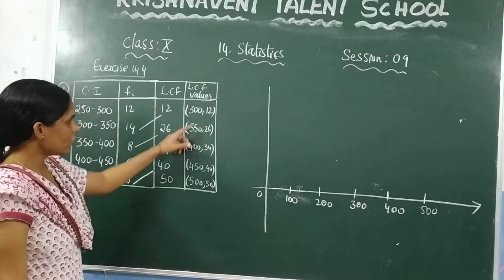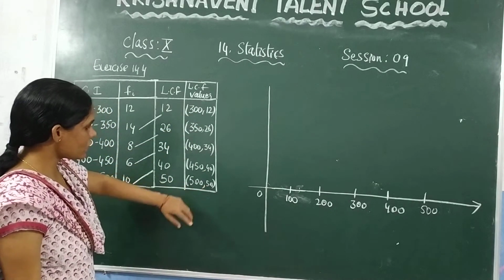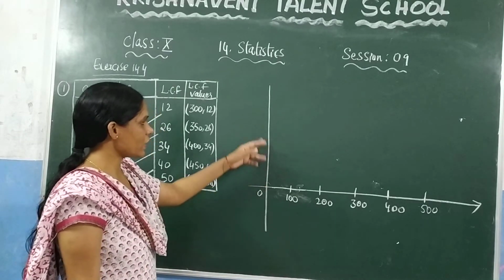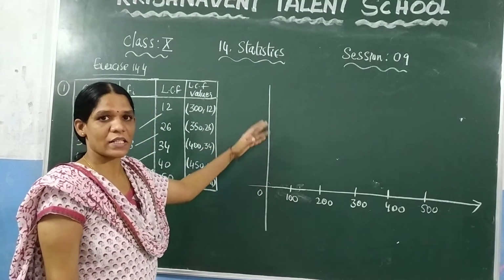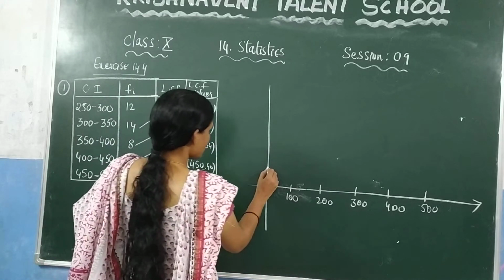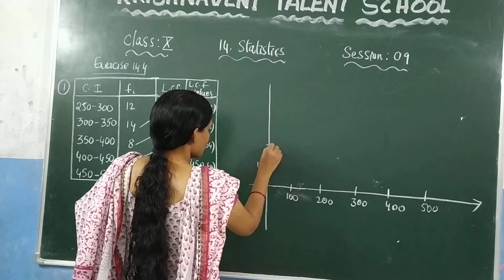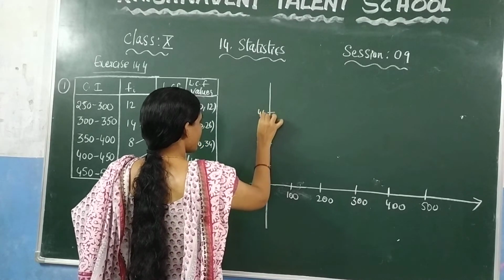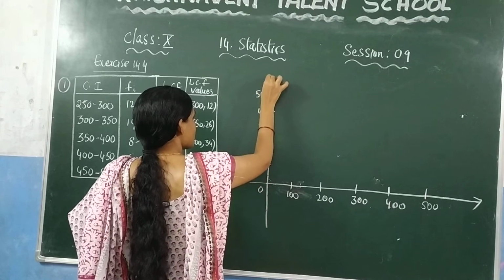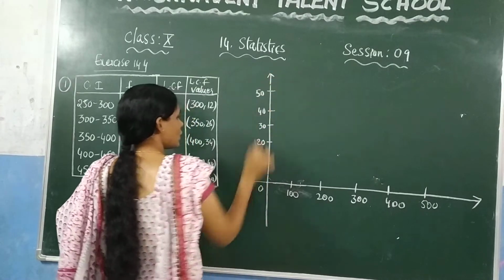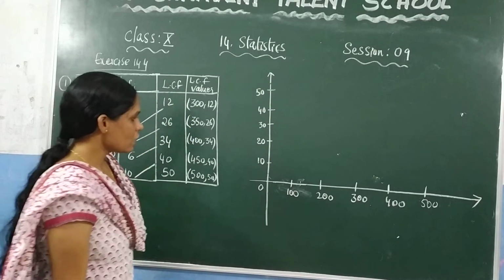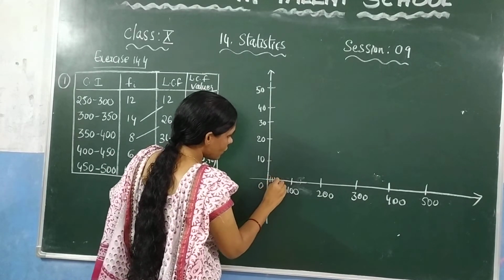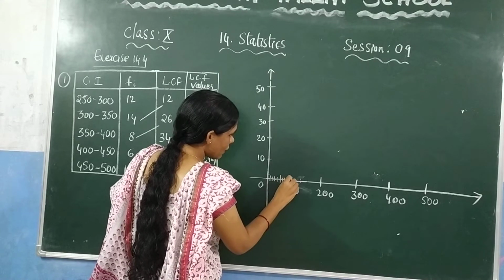Now see in the y-axis what is the largest value, which is 50. So you can take 10, 20, 30, 40, 50, or you can take 5, 10, 15 like that. So I am taking here 10, 20, 30, 40, and 50. This is not the exact graph, so the points may vary. Here you know that it is divided into 10 parts: 1, 2, 3, 4, 5, 6, 7, 8, 9, 10.